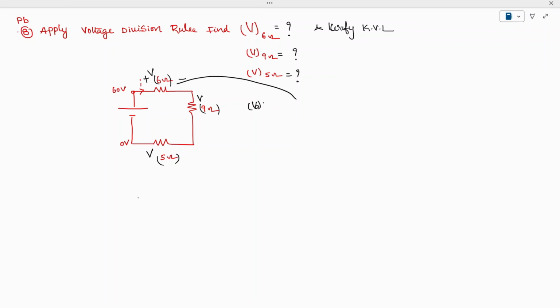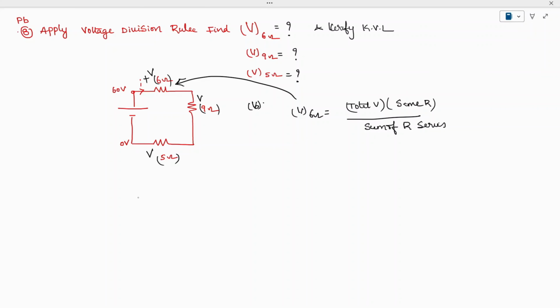Here, for the voltage across the 6 ohm resistor, the formula is total voltage or source voltage into the same resistor where voltage is required, divided by the sum of resistors which are connected in series.